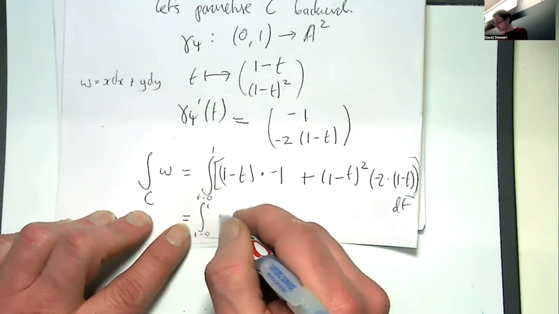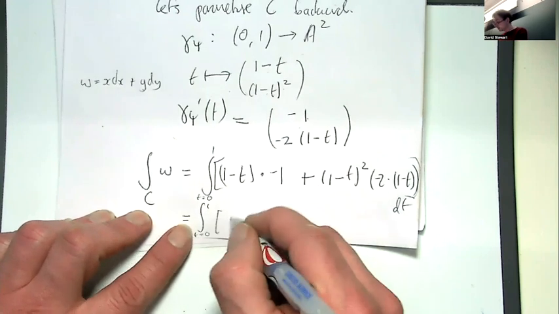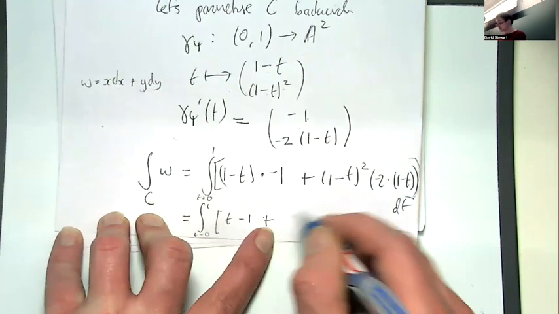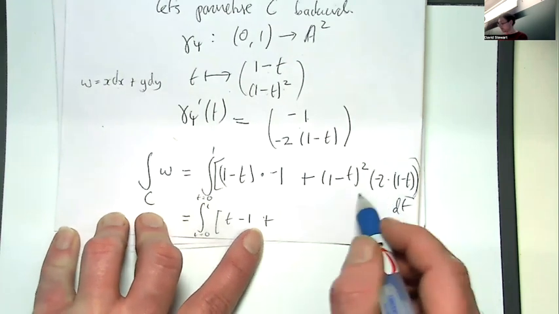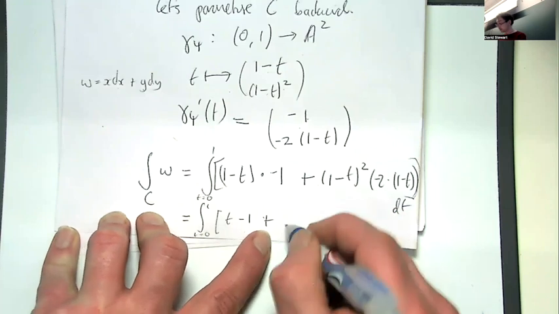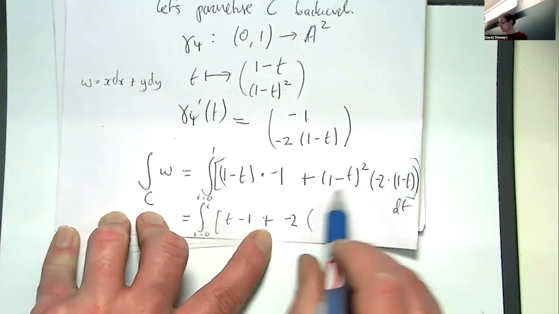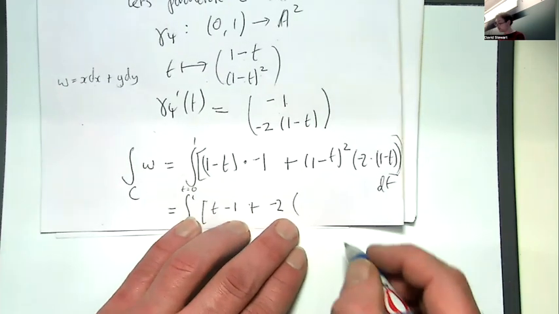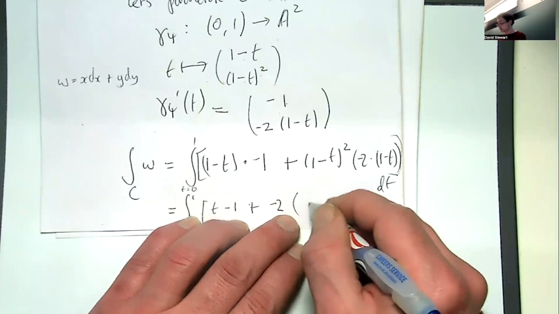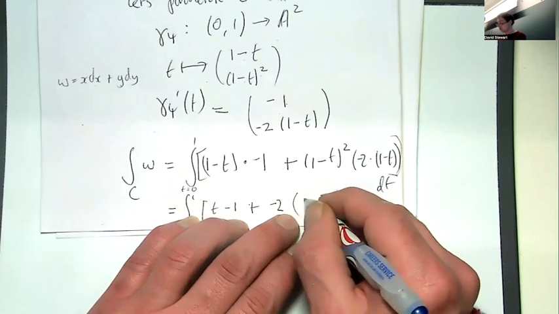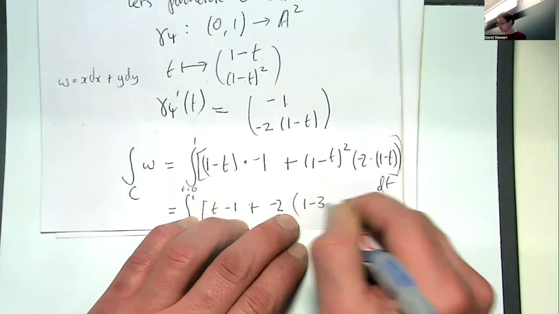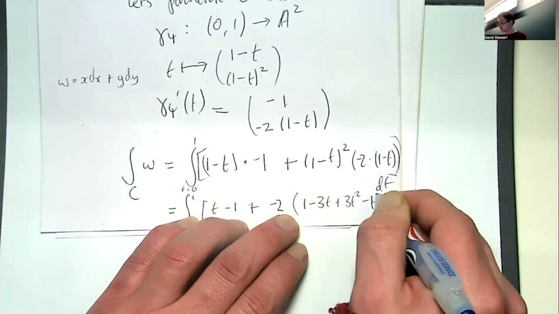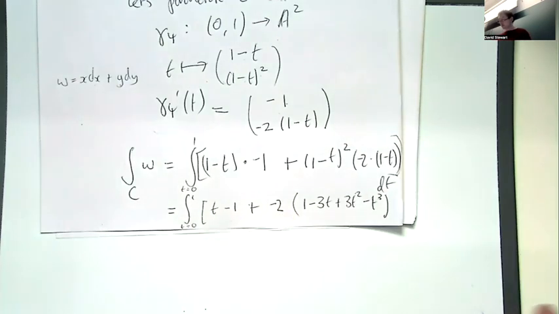And we've got t minus 1 plus, if I expand this, I'm going to get -2 times, and I'll just do the 1 minus t cubed, which is 1 minus 3t plus 3t squared minus t cubed, dt.